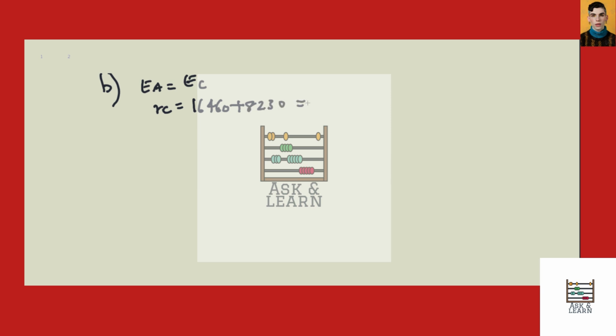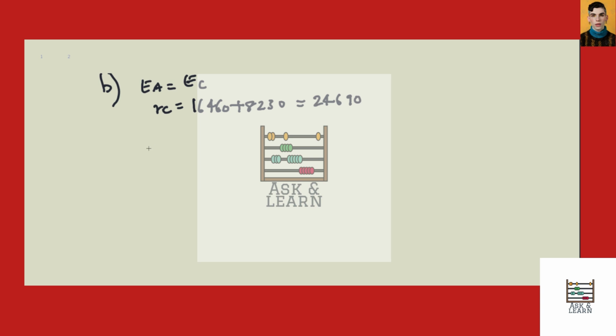So that is equal to 24,690. Using the same approach, we can calculate the velocities at these two locations, again by equating the two energies, basically what I mean to say here.